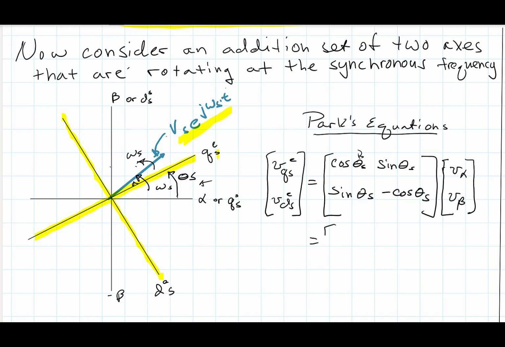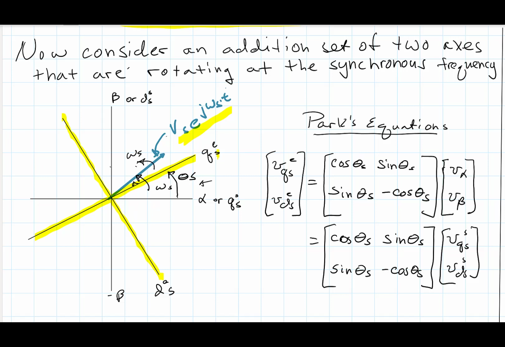Same thing if we were using VQS in the stationary frame, VDS in the stationary frame: multiply it times the same matrix. So there you have Park's equations.